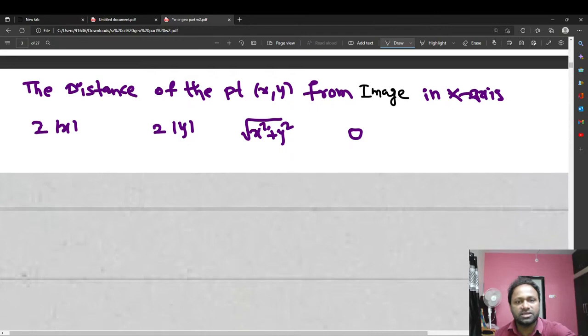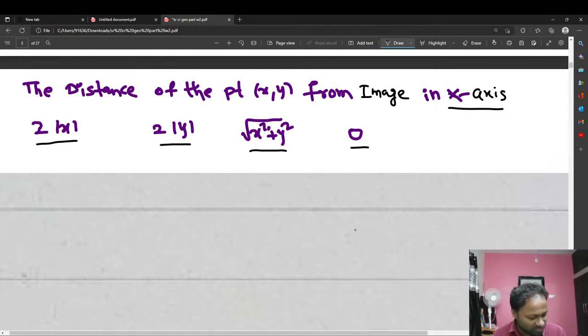The distance of the point x comma y from the image in x-axis. Image in x-axis. What will be the answer? First one, 2 into mod x, or 2 into mod y, or under root of x square plus y square, or 0. Anybody can try.